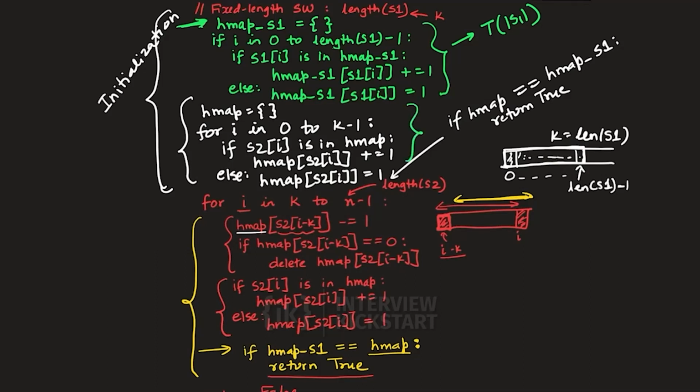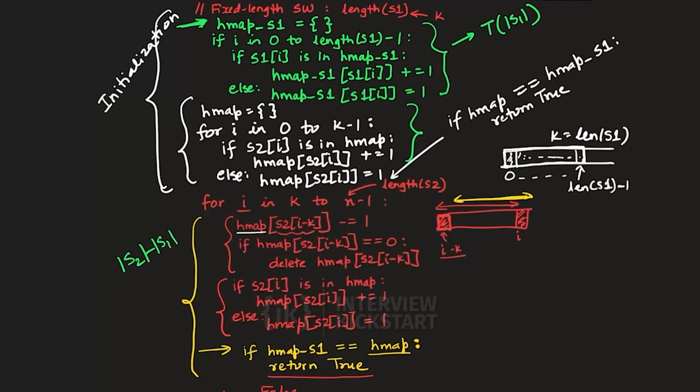This is also going to take time proportional to the length of the string S1, because that is the size of our window, including the initial window. And then the for loop is going to run over the remaining S2 minus S1 characters roughly.